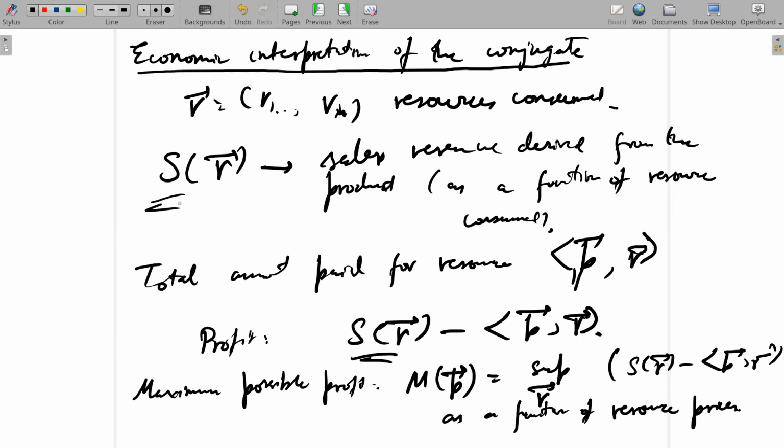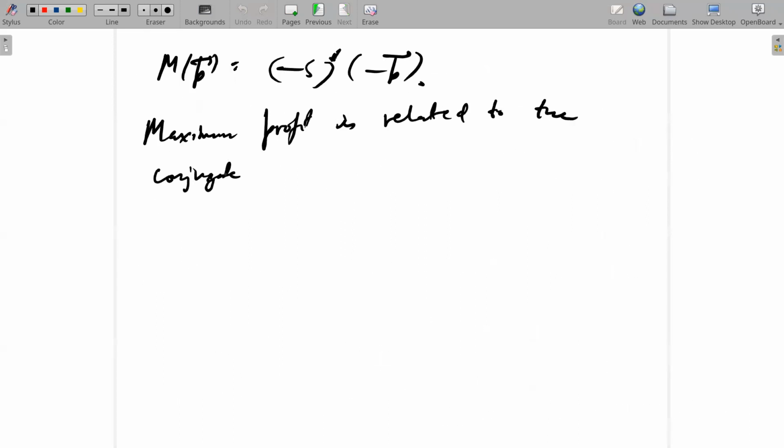If S is convex, then very nice, you'll have a unique supremum, especially if S is strictly convex. In general, the conjugate function describes the relation between maximum profit and the gross sales as a function of resources consumed.